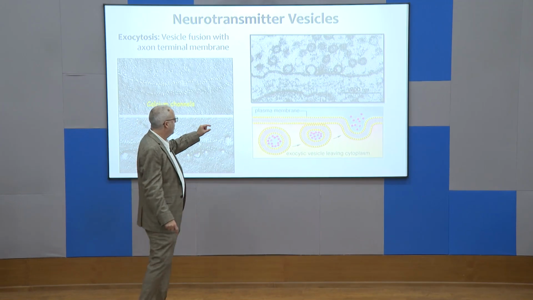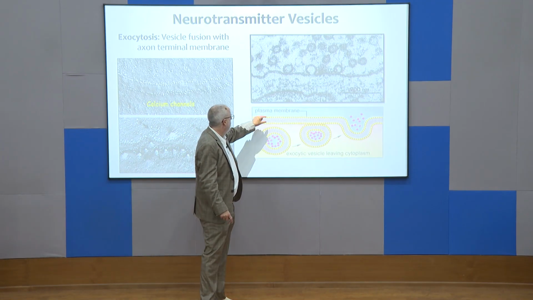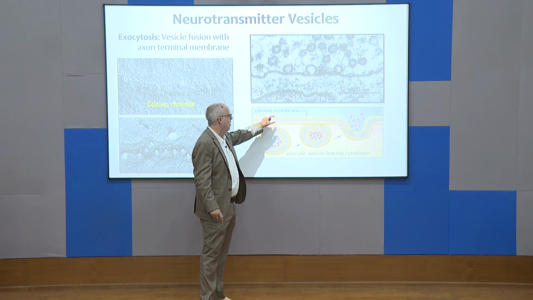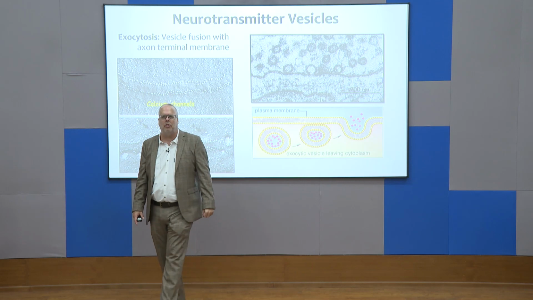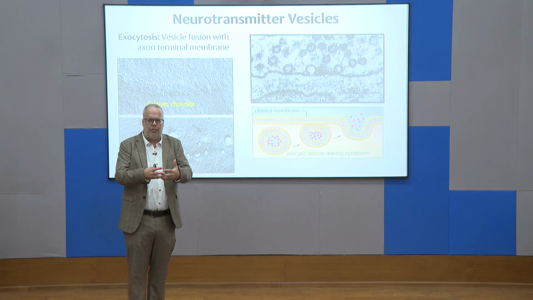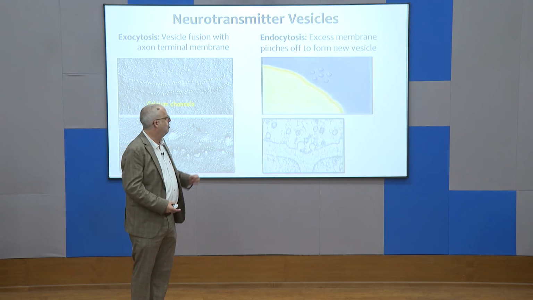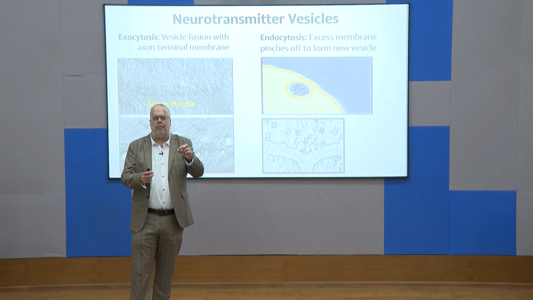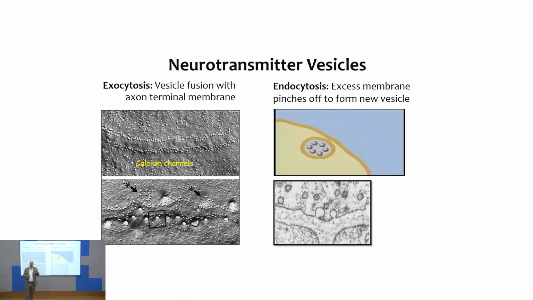And once again, the reason this can happen is because the vesicles are made of the same compound, this lipid bilayer, as the neuronal membrane itself. So it's very easy for it to fuse with the membrane. And once that neurotransmitter has been released, we can then pinch off a new vesicle from that presynaptic terminal. This is known as endocytosis.